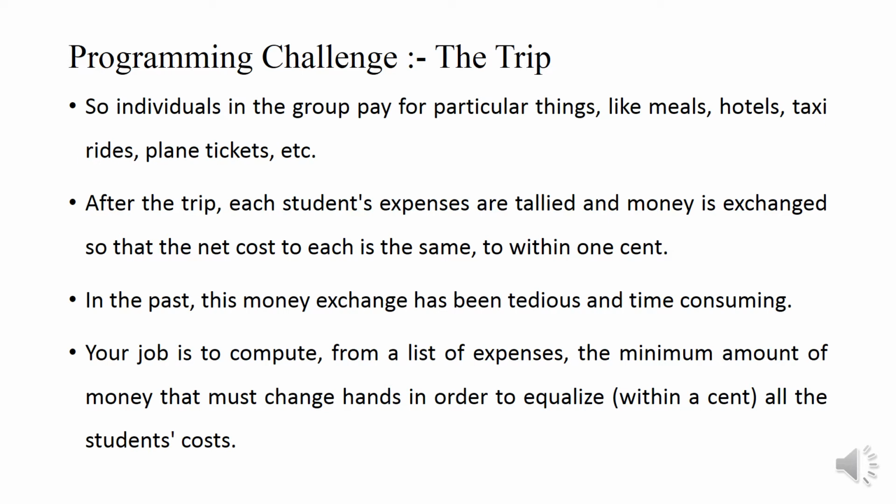When we find the average, we find the expenditure for a single student. That's why we exchange money between the students who paid more and those who paid less than the average.